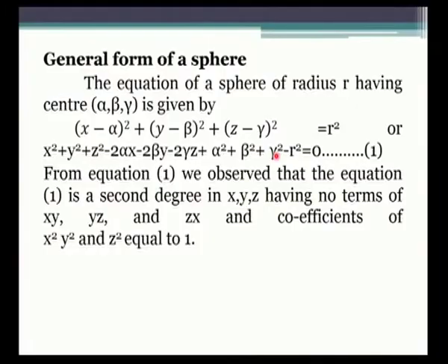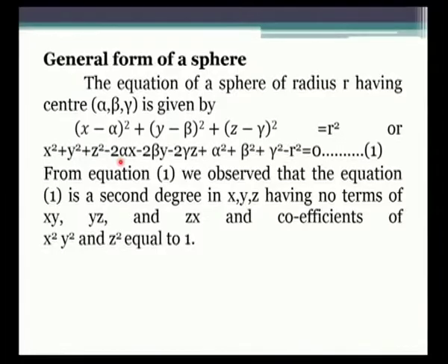From this equation 1, we observe that it is a second degree equation in x, y and z, and this equation does not contain any terms of xy, yz and zx. Another thing is that the coefficients of x square, y square, z square are equal to 1.